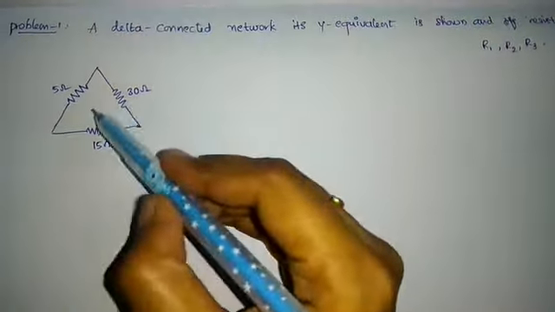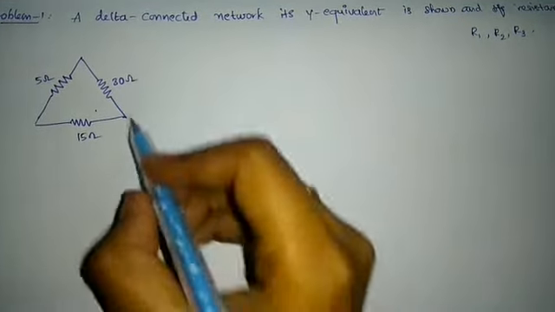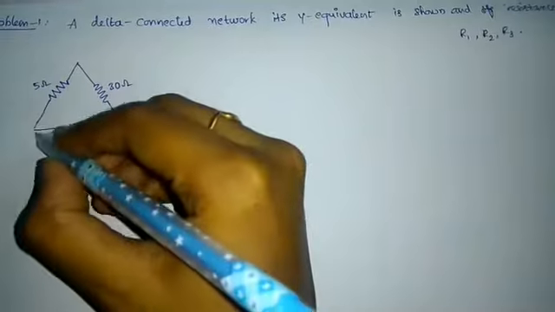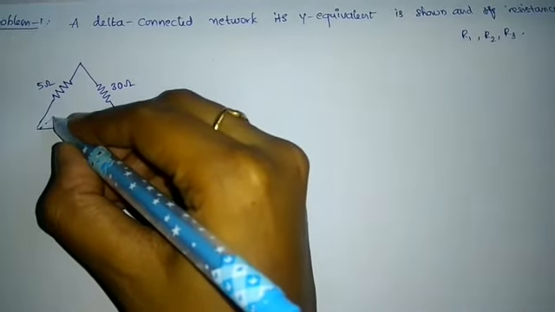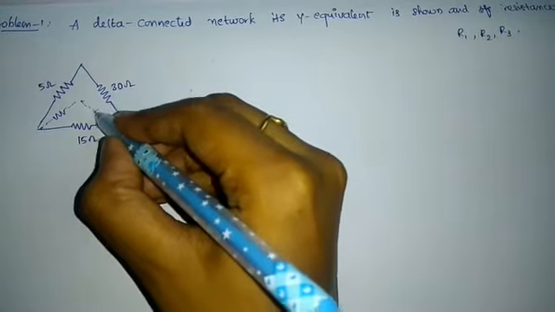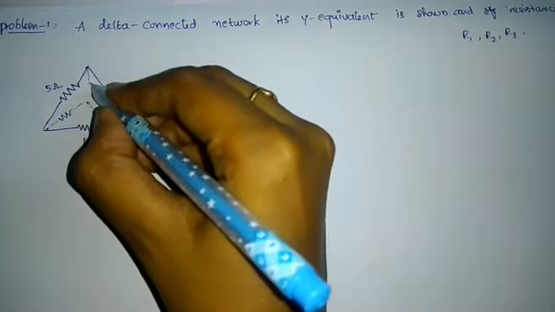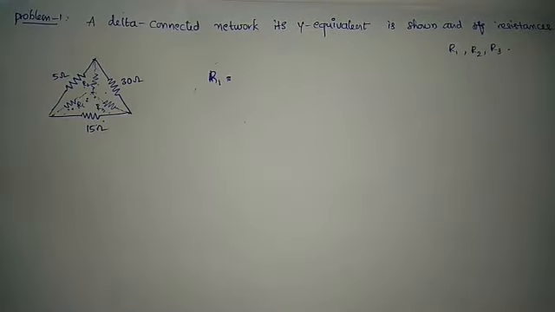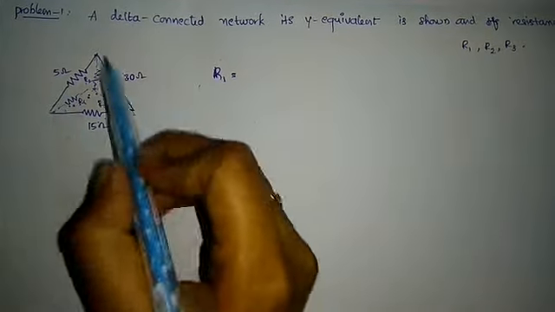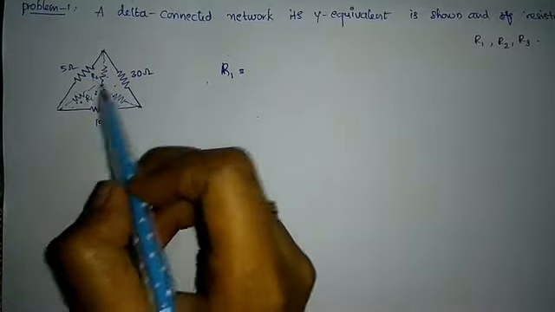now by using the formulas that we already have, first of all, assume that we have to convert it like this. To convert the delta network to the Y network, for your convenience assume this like this.